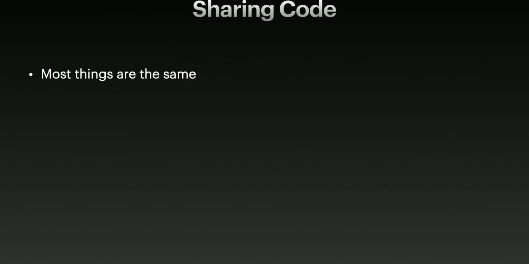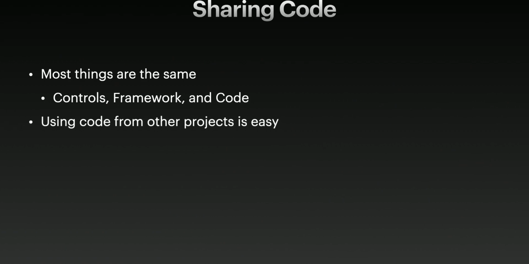That does have to happen before we can bring the project types together. So even though we have separate project types right now, you have access to most of the same controls, framework, and thus code as other projects.